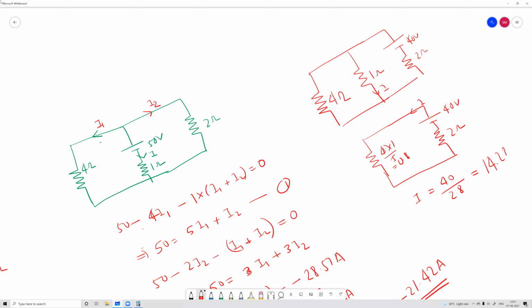Yes, this current is 14.28, but if this is I total, then this I would be I total into 4 by 5, that is 11.42. But plus, because the direction is downwards. Is it okay?